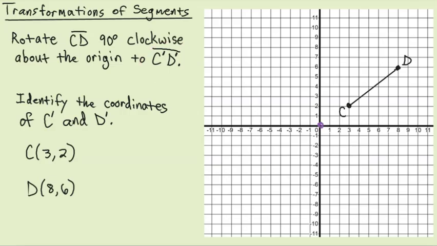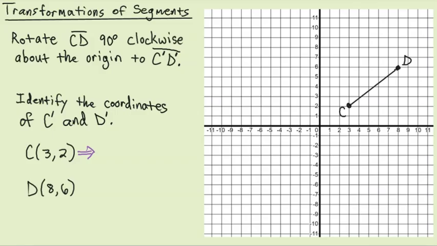Here's the origin. So we're going to take this point and rotate it, and then we're going to take this point and rotate it 90 degrees. And the way we do that is we're going to first identify the coordinates of C prime and D prime. So here's point C at 3, 2.